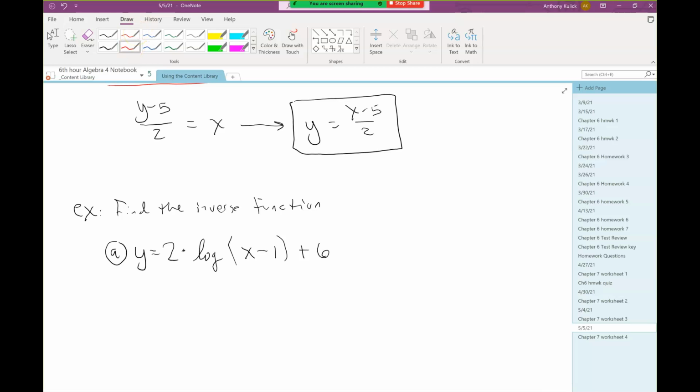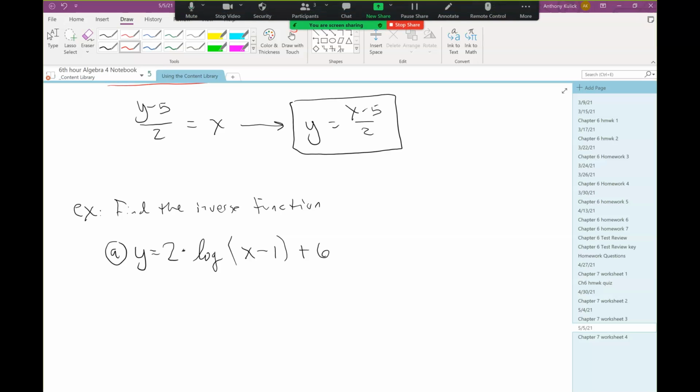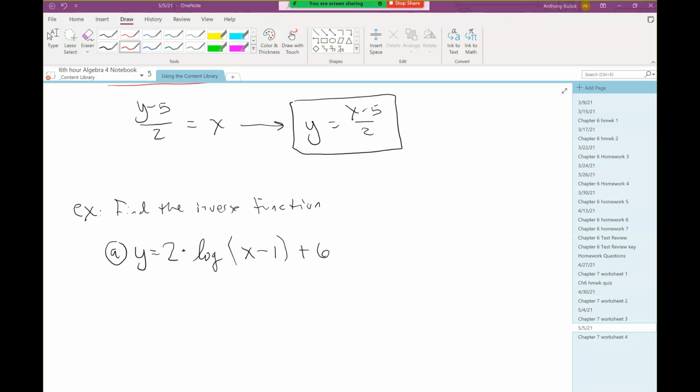So let's say we have y equals 2 times log of x minus 1 plus 6.